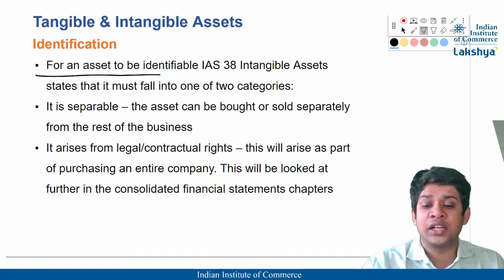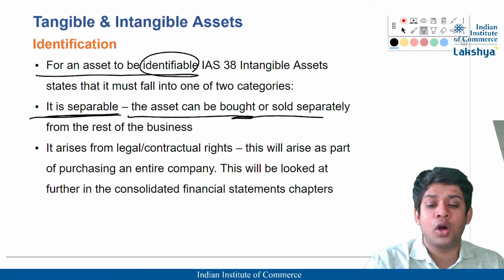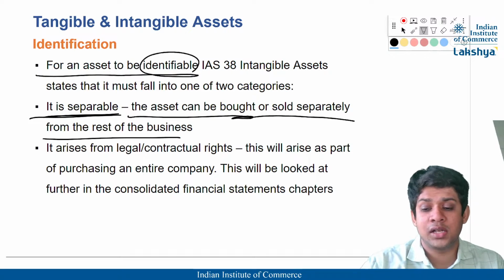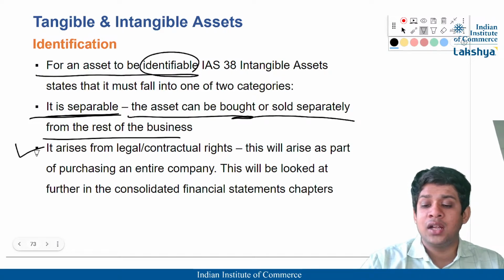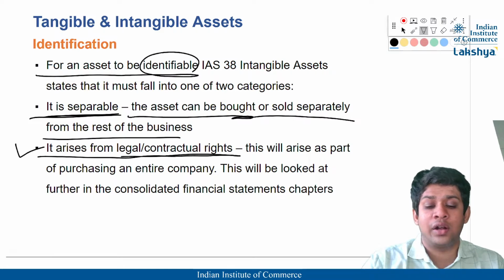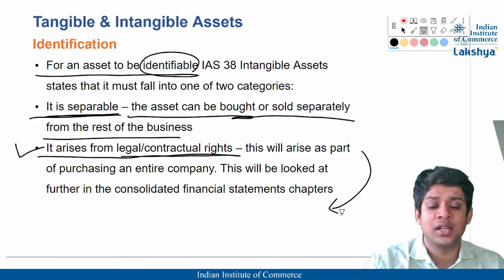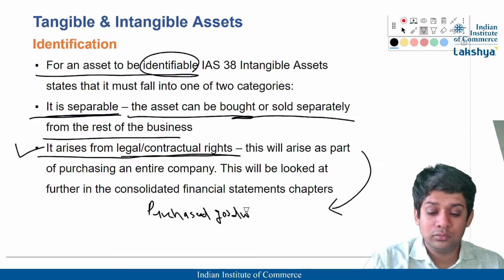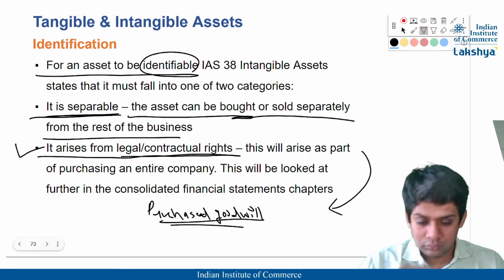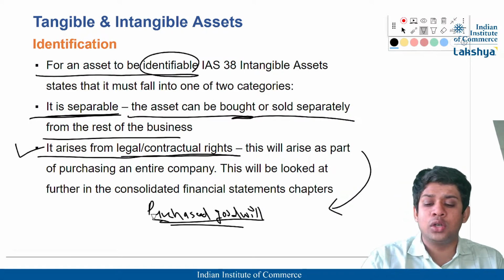Right? So for an asset to be identifiable, it should be separable. That means it should have the ability to be sold or bought separately from the rest of the business, as I already told you. Or it should arise from legal or contractual rights, like your purchase goodwill. Your purchase goodwill, guys, is not separately sold.